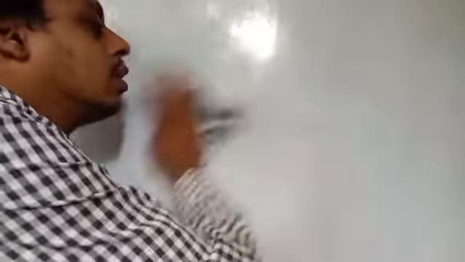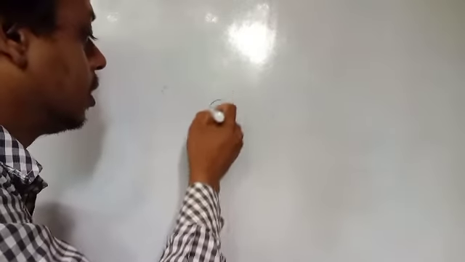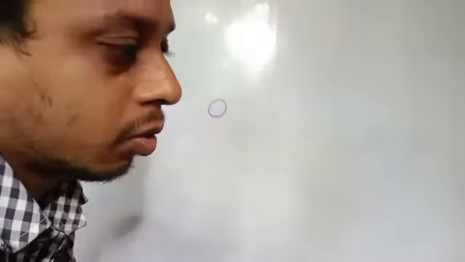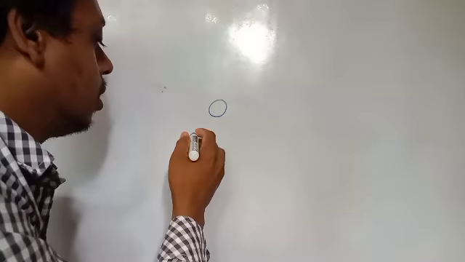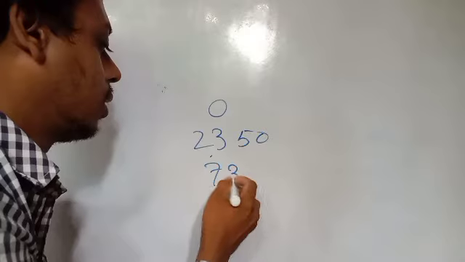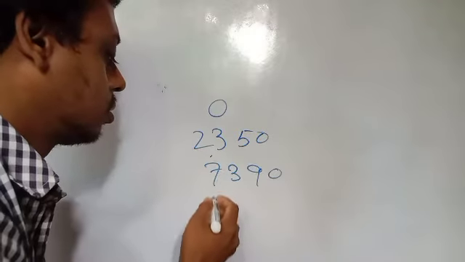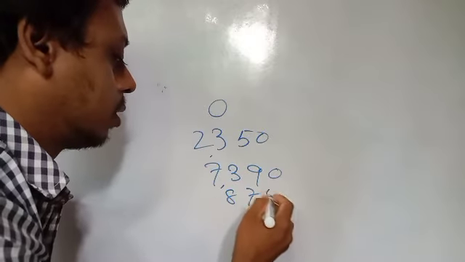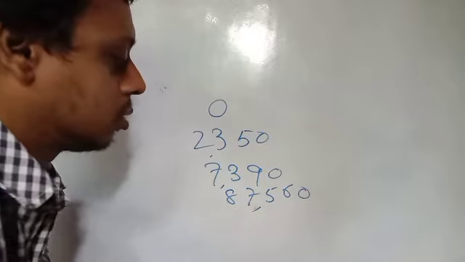And divisible by 10, which all numbers are divisible by 10? If there is 0 in one's place. 2350, 7390, 87530, 45000.